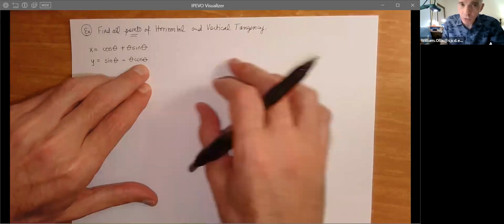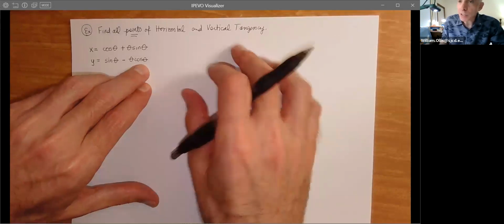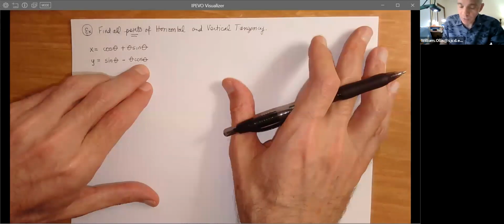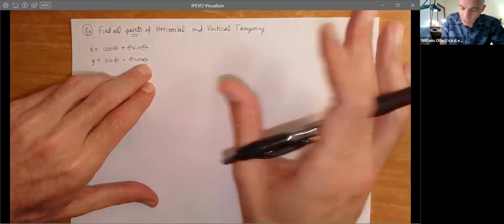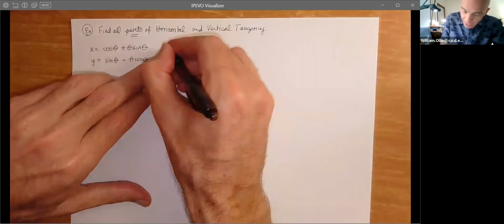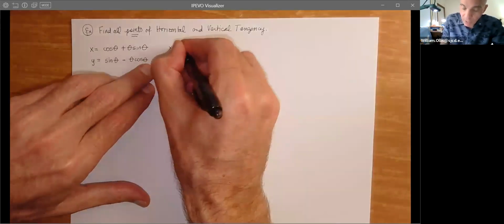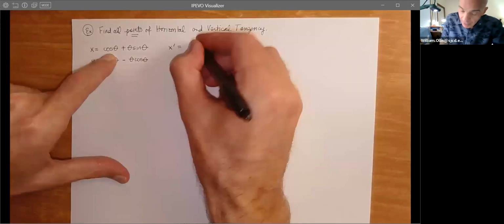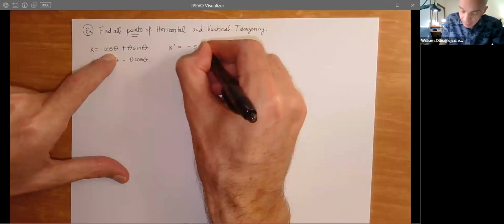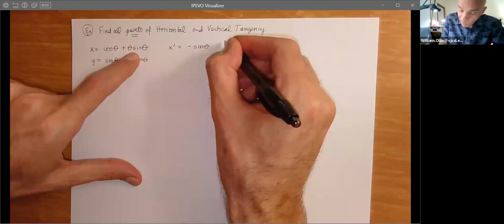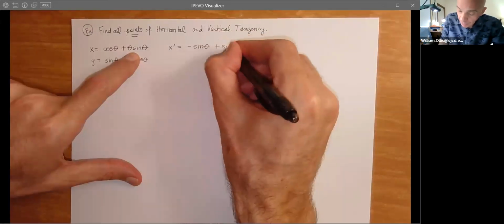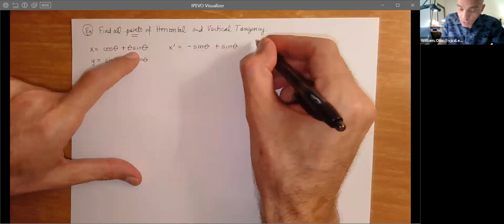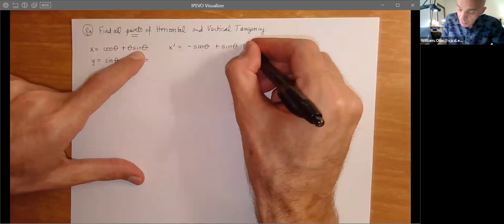Now, when we do this, we just harken back to the Cartesian derivative. So let's go ahead and compute x prime relative to theta. We get a negative sine theta, and then by the product rule, we get plus a sine theta, and then of course theta times cosine theta.